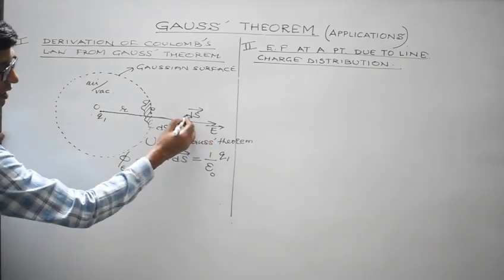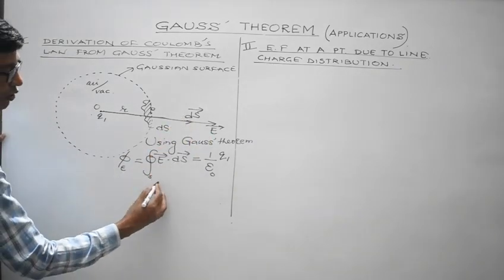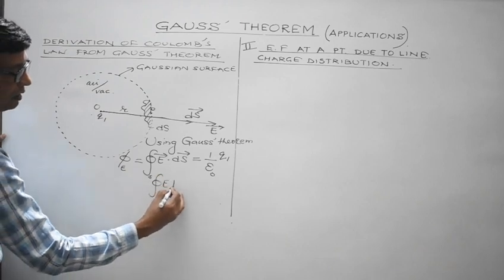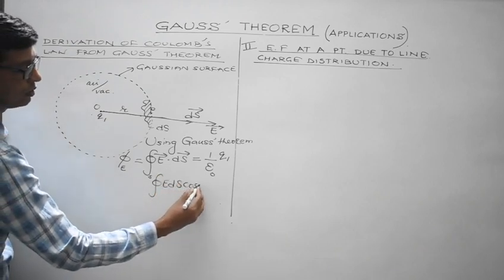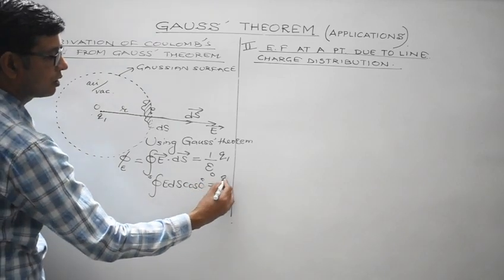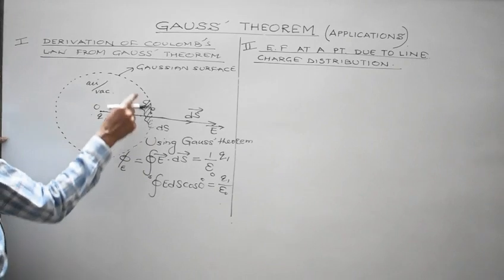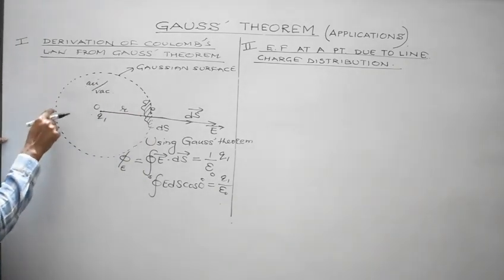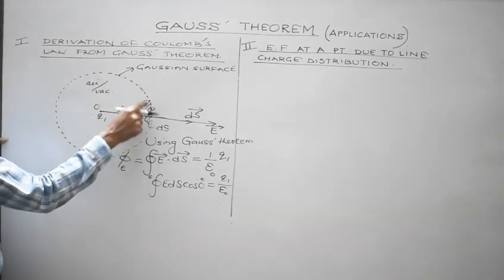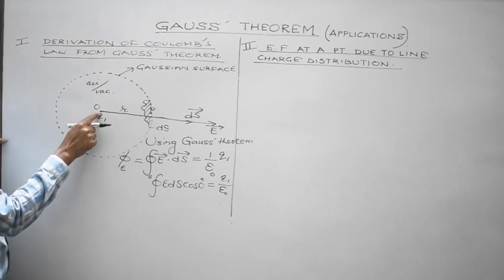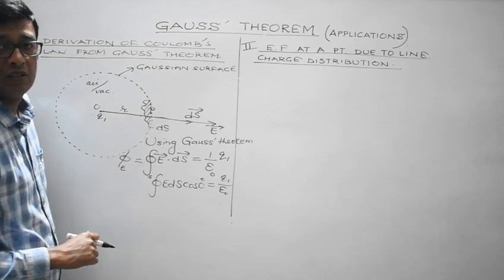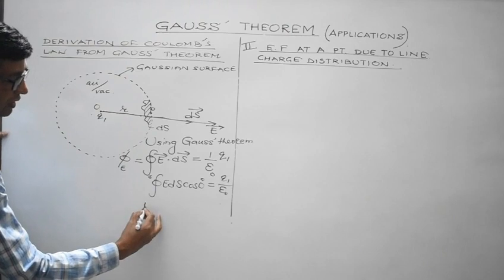What's the angle between E and ds vector over here? It's 0 degree. So we get E ds cos 0. Make use of the property of scalar product, Q1 by epsilon naught. Electric field at any point on the surface of the sphere, being equidistant from charge Q1, would be constant. So it can be taken outside the integration.